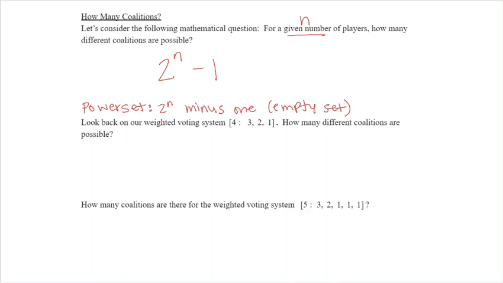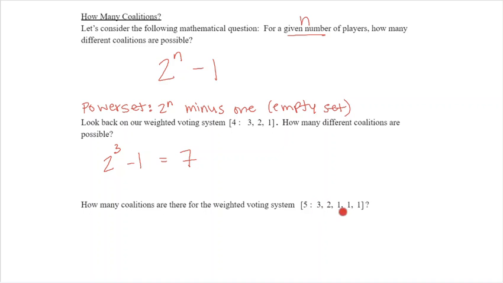So let's look back at our previous examples. How many different coalitions are possible? Well, here we have 3 players, so 2 to the third power minus 1 is 7. There are 7 possible coalitions. We saw that only 3 of them were winning coalitions. What about for this weighted voting system here?